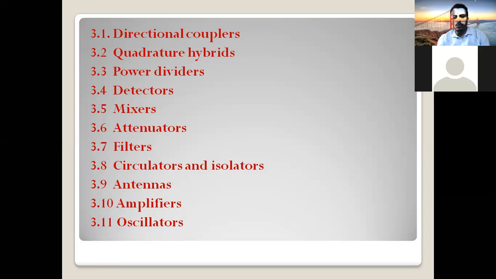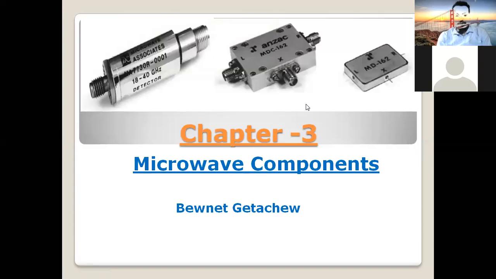We'll go all the way to oscillators, detectors, mixers, filters, microwave antennas, microwave amplifiers, power dividers, different types of hybrids. All these components we'll discuss one by one in chapter 3. So chapter 3 is microwave components.